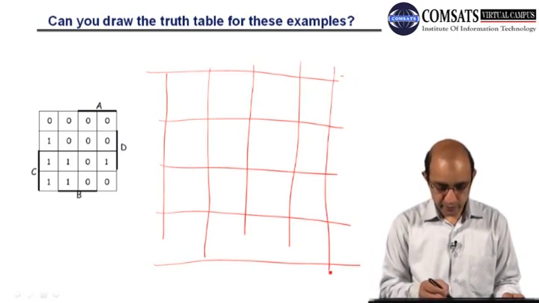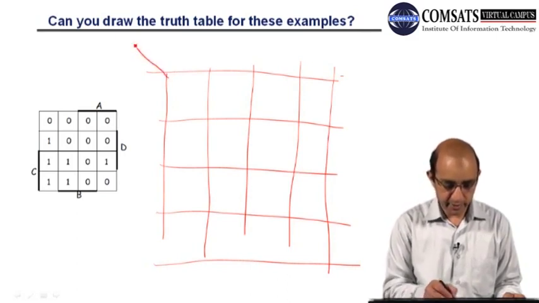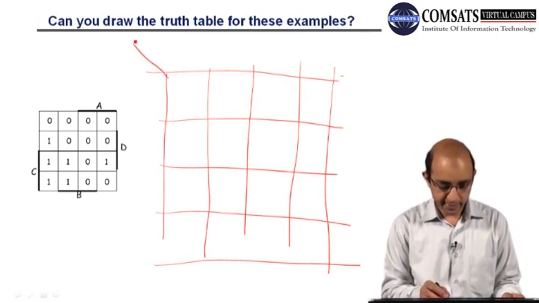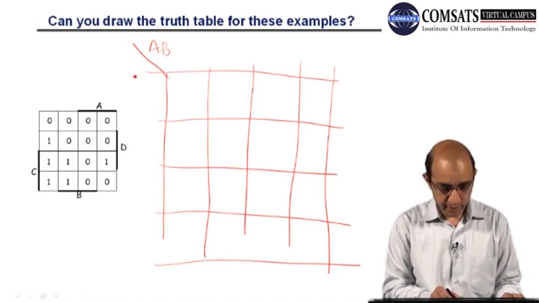What we can have, we can split this like this. So here we have A, B, and here we have C, D.